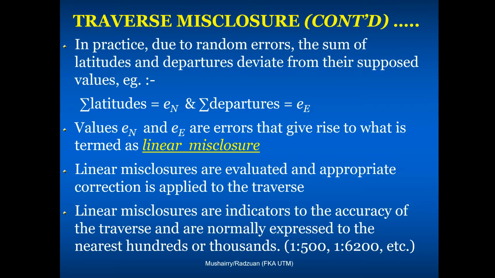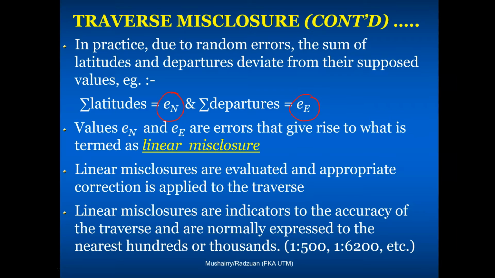In practice, because of random errors, when you sum up all the latitudes and departures, highly unlikely you will get 0. You will get a number. Let's call them EN and EE. It stands for error. So error in latitude, and error in departure. So that gives them a name.